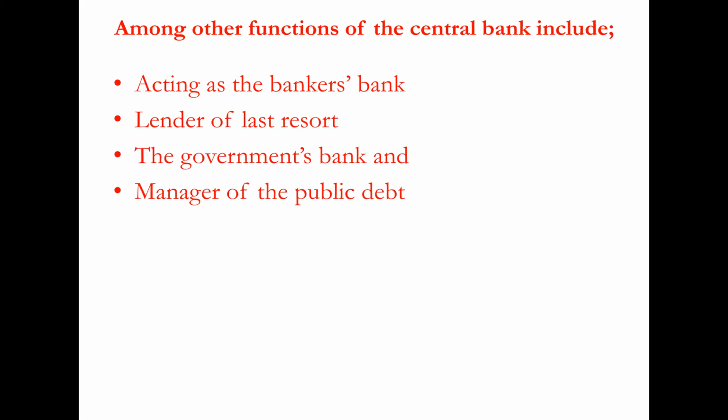If the commercial bank has tried to ask for money from the public, maybe by issuing bonds, and has failed, then they can get a loan from the central bank. That is the reason why the central bank sits as the lender of last resort.